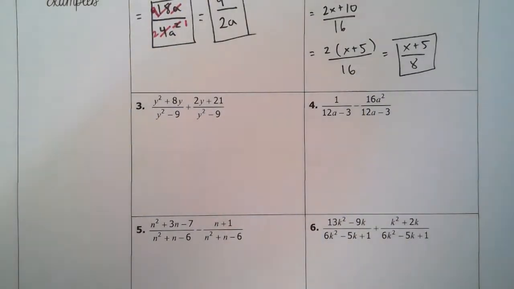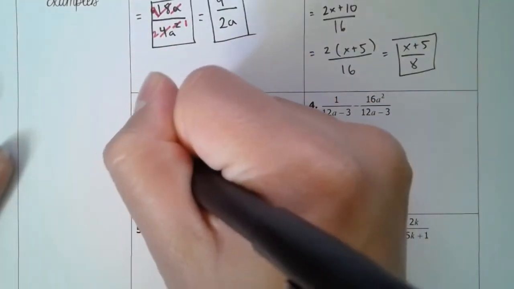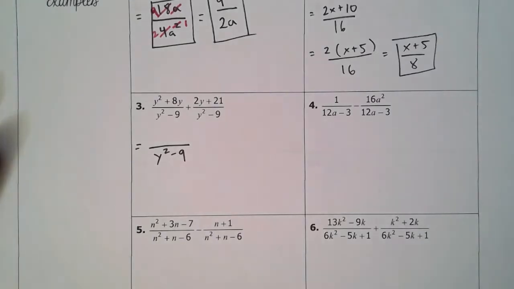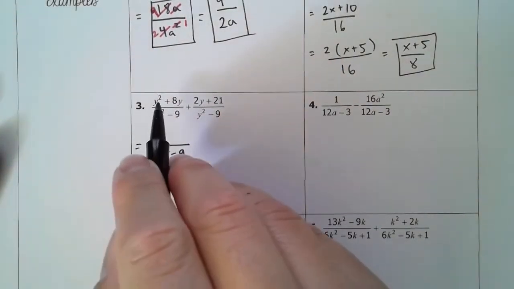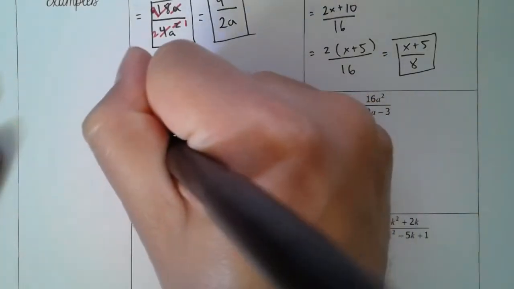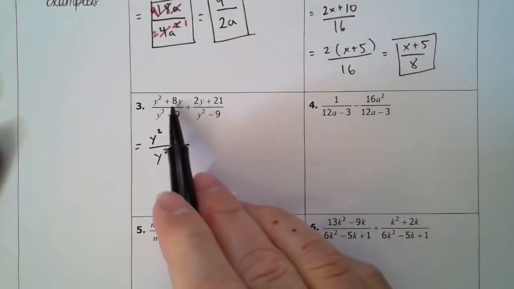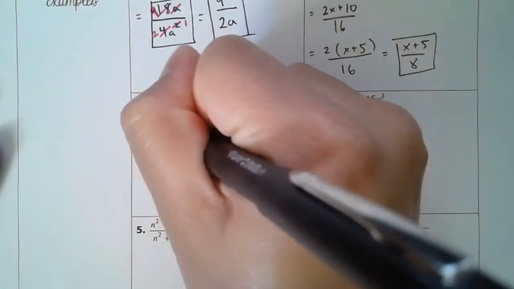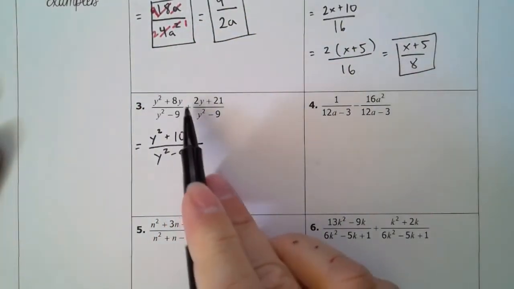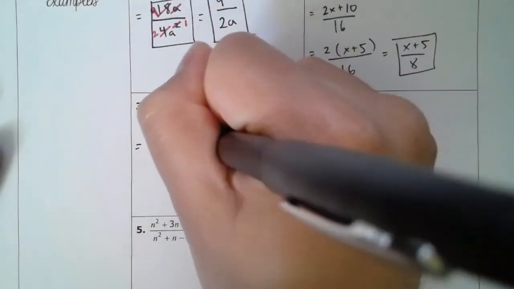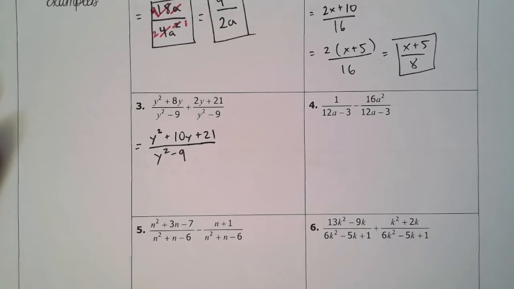The bottom is y squared minus 9, right? And I get y squared, no like terms to add with it, so it just stays as y squared. 8y plus 2y, those are like terms, so I get 10y. And then I have just a plus 21, with no like term to it.